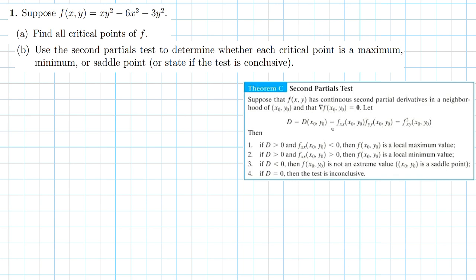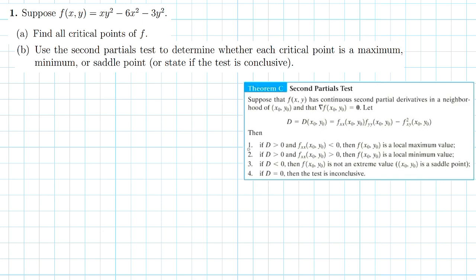That can be calculated as the double derivative of the function with respect to x at that critical point multiplied by the double derivative of the function with respect to y at the critical point minus the double derivative of the function with respect to x, y at the critical point whole squared.